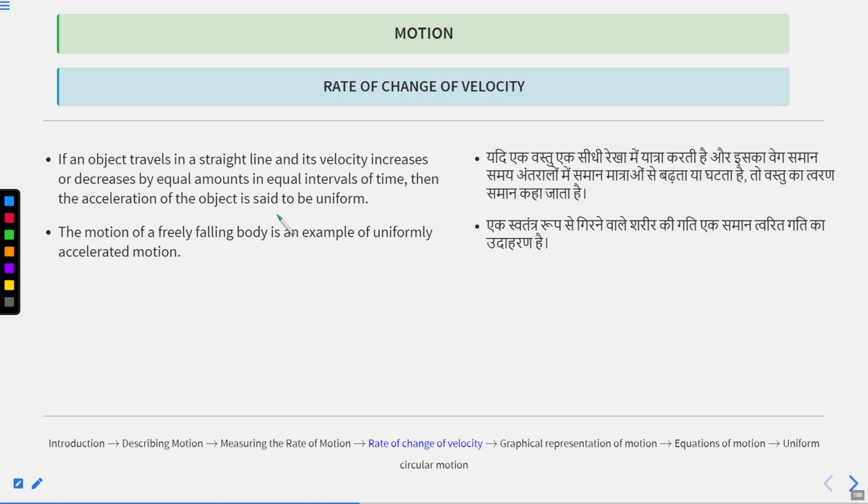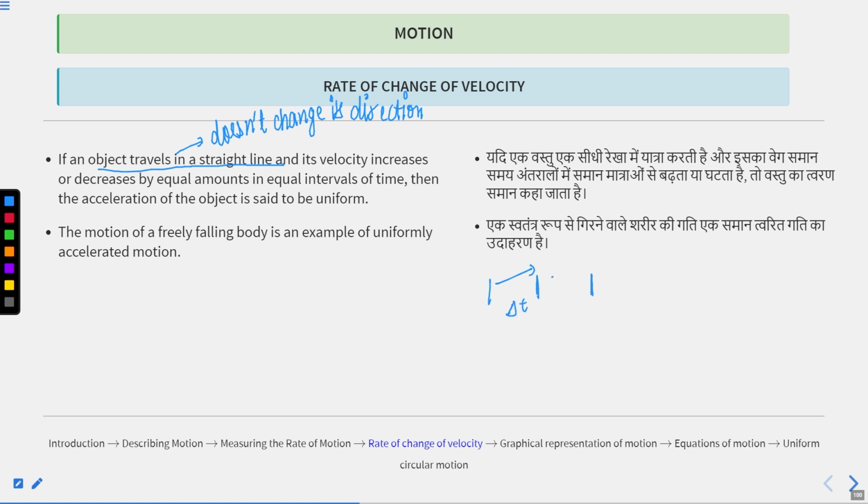What is uniform acceleration? If an object does not change its direction, and its velocity increases or decreases by equal amount in equal intervals of time. Let's assume the velocity is increased, but the time interval is the same.